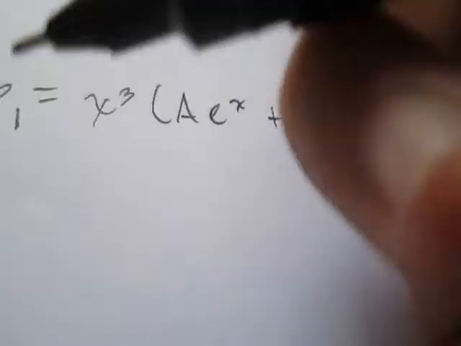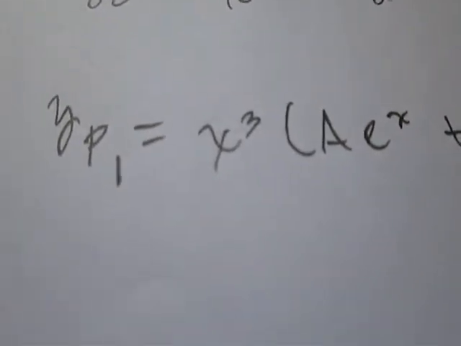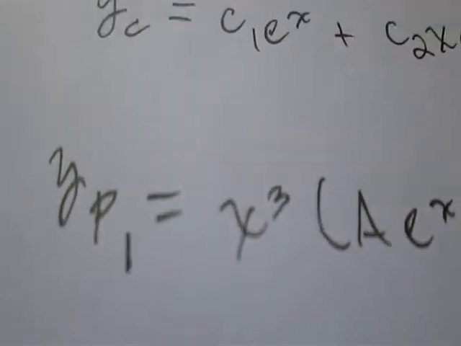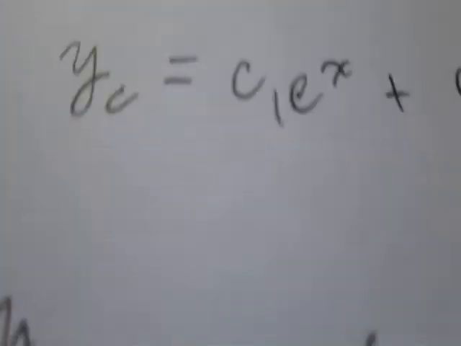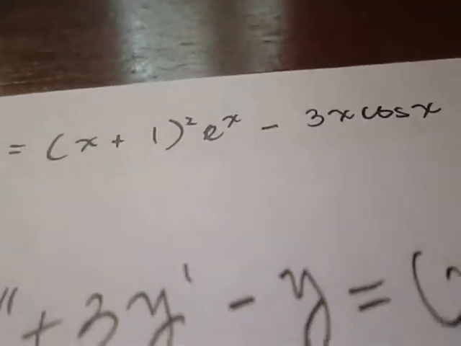Then after we get our yp1, we have our yp2 for the term 3x cosine x.